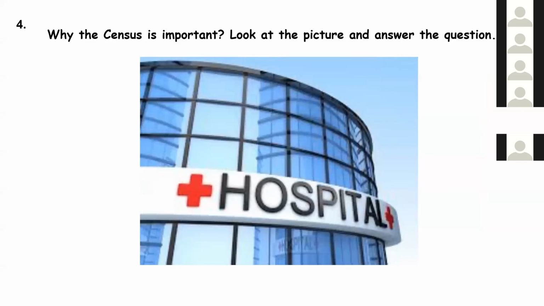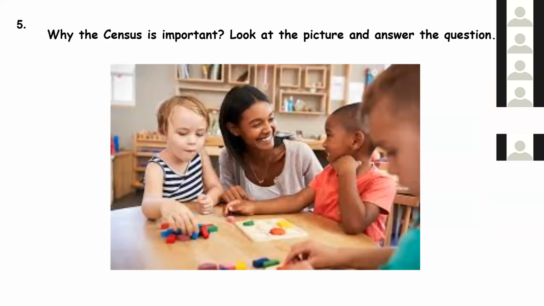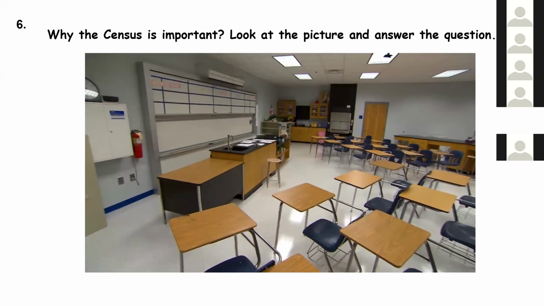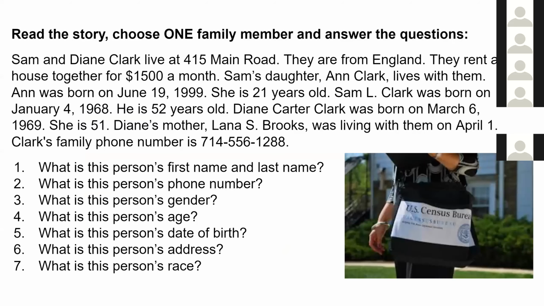That's 4 questions, many for hospital. They're asking some extra questions. On your test, there's only going to be 4 pictures, but this one has 6, maybe. And then this is the same one, Sam and Diane and Anne.